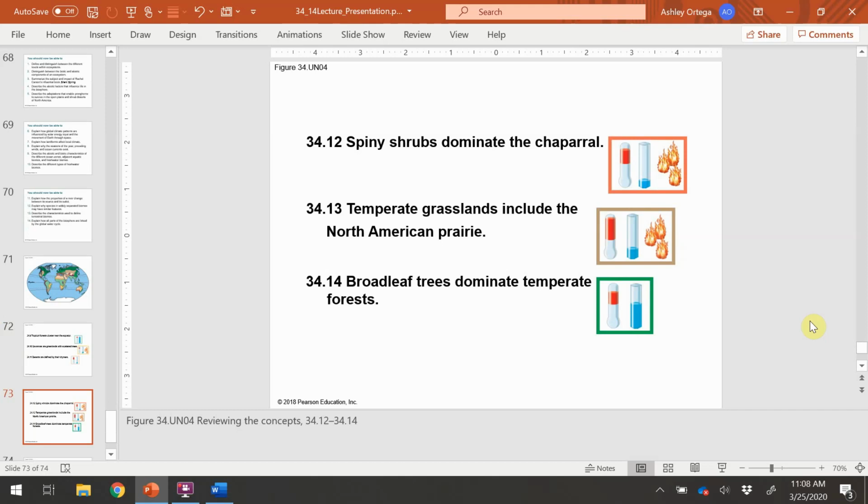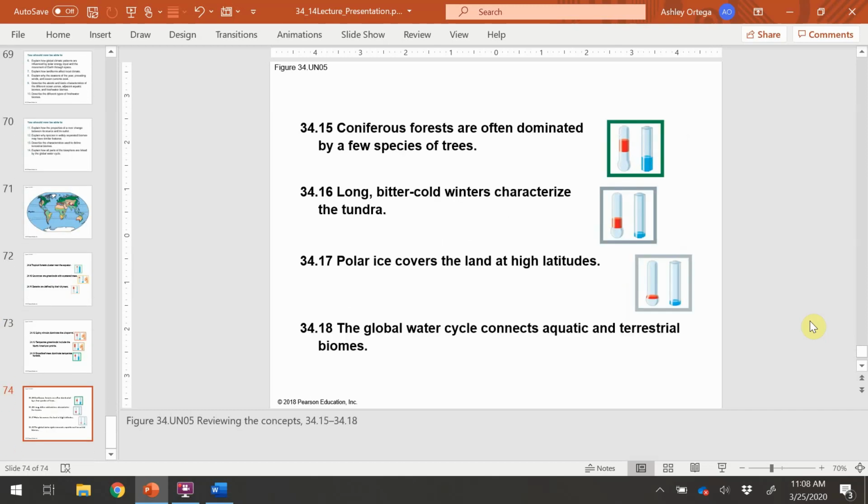Temperate grasslands will be the North American prairie that's been converted into farmlands for the most part, grazed by bisons and pronghorns. No trees there. Broadleaf trees will be both gymnosperm and angiosperm trees that are in forest region. Compare that to the coniferous forest, which is just the conifers, which is part of the gymnosperms. That cone-shaped tree.